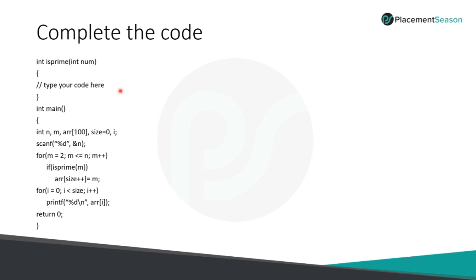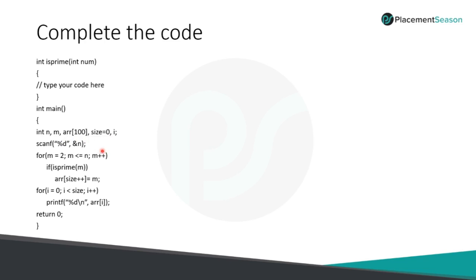Next you get the complete the code question where you're required to write a functionality. Here you're given a function named isPrime which has a parameter num. Now in order to write this function, we need to know what the return value of this function does in the main function. So in the main function, you see you have two variables declared: n, and an array of 100 size equal to 0.